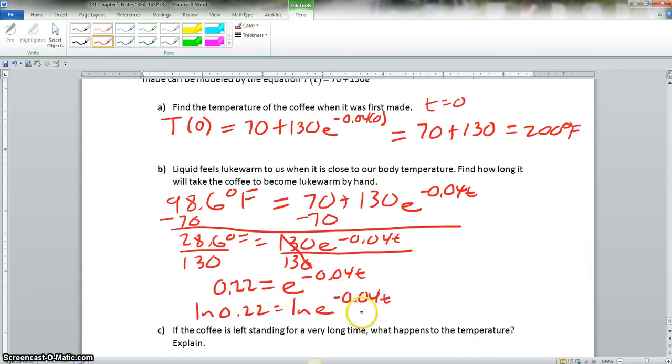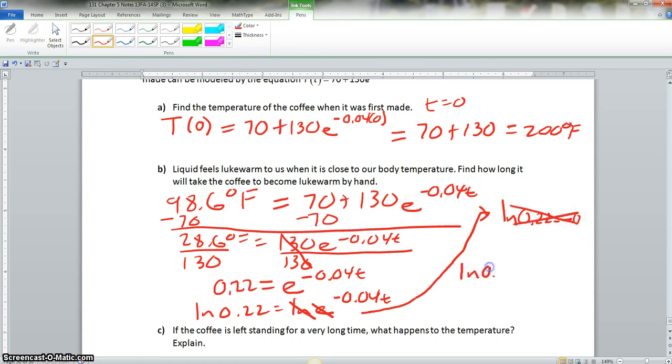Now, let me take this over here. First, we will simplify out these natural logs. Well, wait a minute, I need more space.